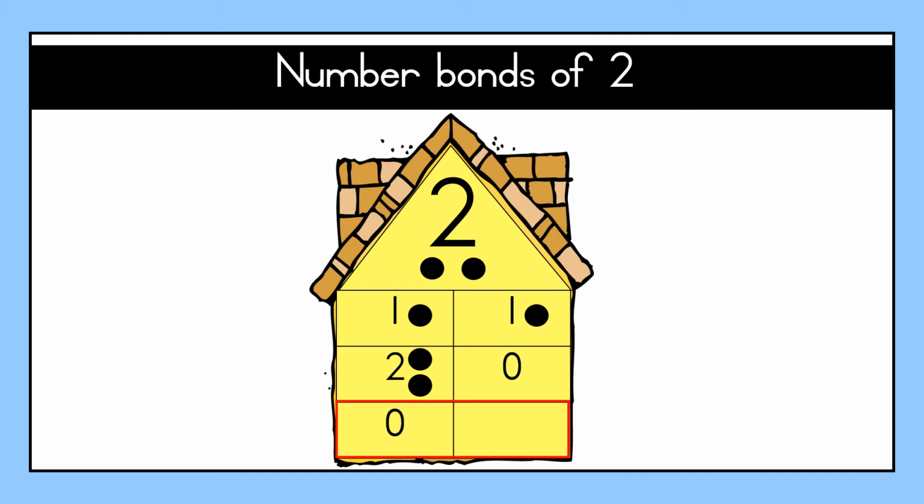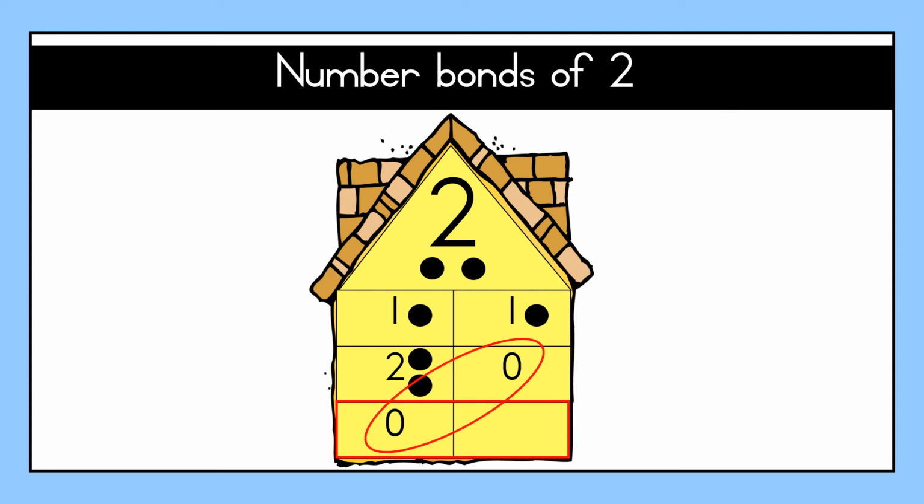Let's move on to the next one. In the one room, there are 0 dots. How many more must I put in the other room to make 2 dots living on the floor? But wait, can you see that we already have a floor that has 0 friends?